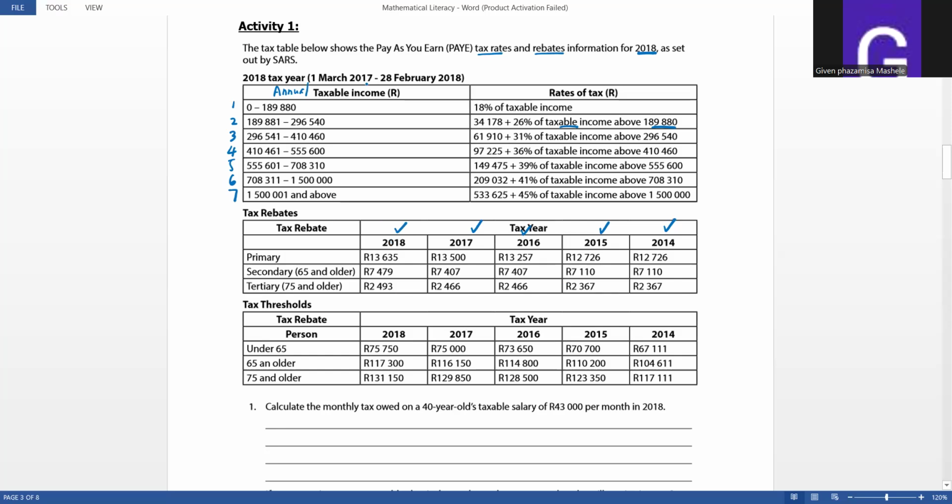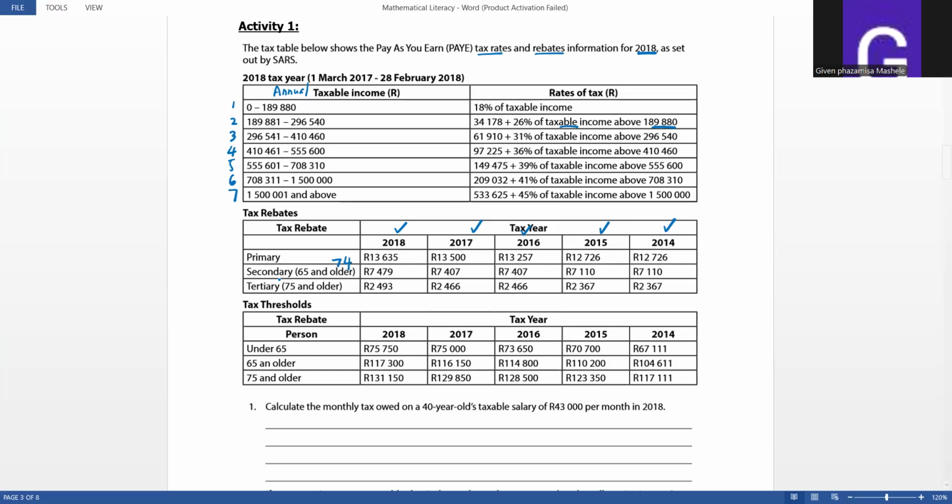But since we are talking about 2018, we're going to focus on the 2018 column. We have primary, secondary, and tertiary. Secondary is for those people aged 65 and older, up to a maximum of 74 years, because tertiary takes those people who are aged 75 and above.